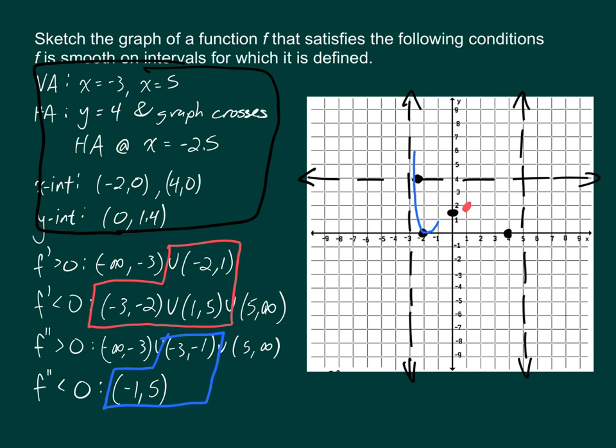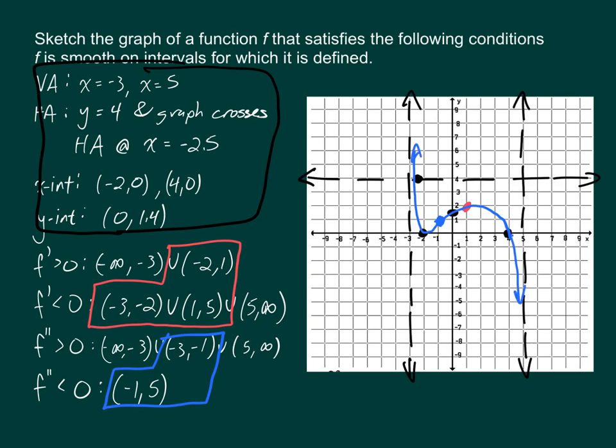But here, we move to being concave down at negative 1. So at negative 1, we switch to being concave down, which means this graph from here will open down. So let's see, we have that one. This is where the concavity changes and it starts being concave down.